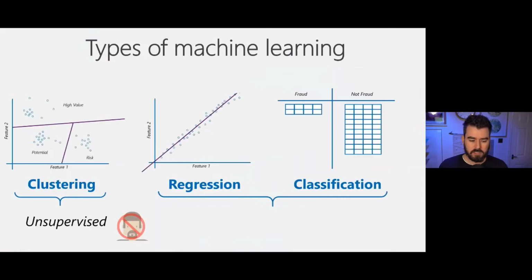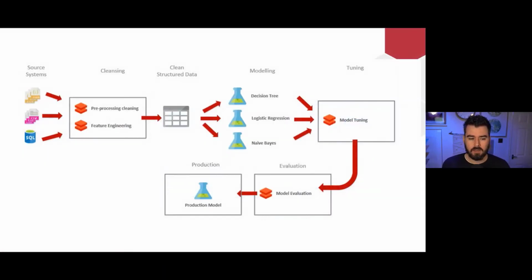So we saw our types of machine learning, right? But how does this work inside Spark? Let's say we've got this flow, right? You start over with your source systems, you're doing some cleansing, some data processing, feature engineering, and then nice, clean structured data comes out of it that you're really happy with. You're then going to do some modeling, and you're typically going to iterate over different approaches.